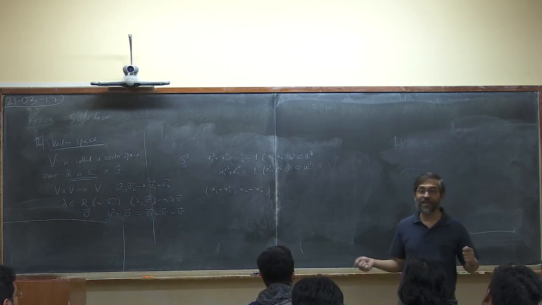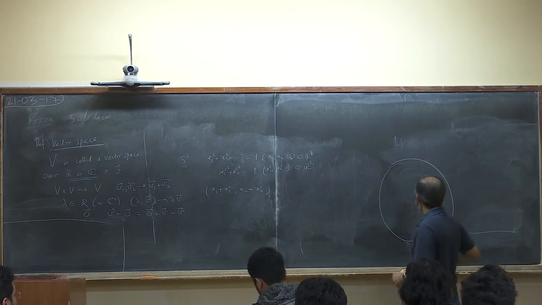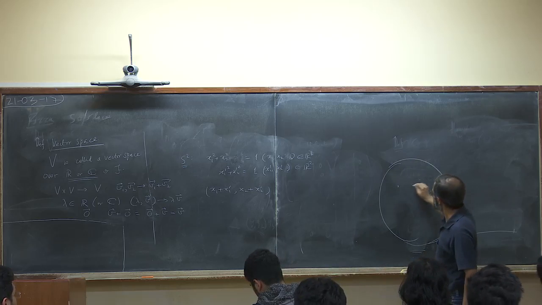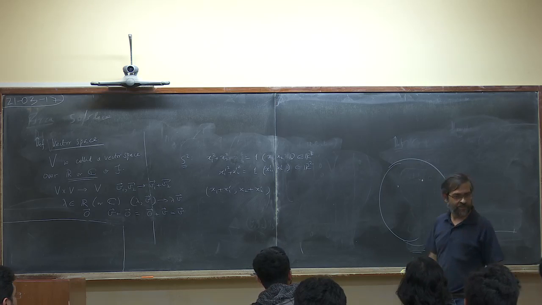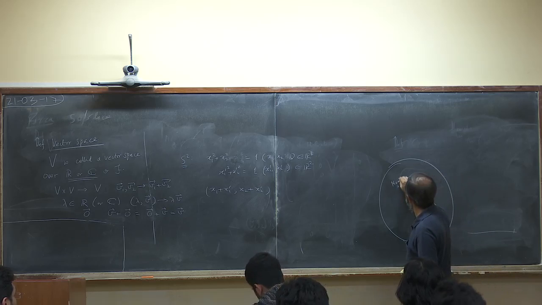You can multiply two elements of S3. So we will come to that. You have some point here, and you have some point here, and given two points, you have a third point. It's a very weird thing. So you have Mumbai, and you have New York.